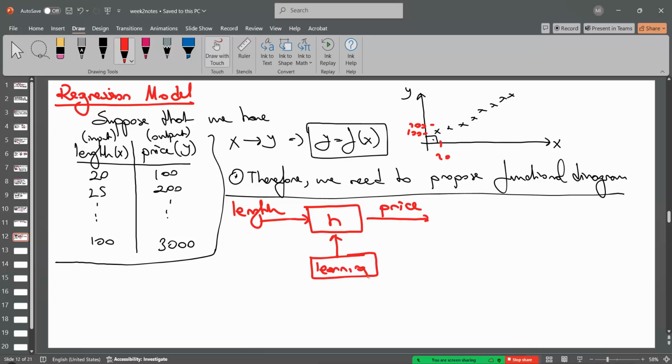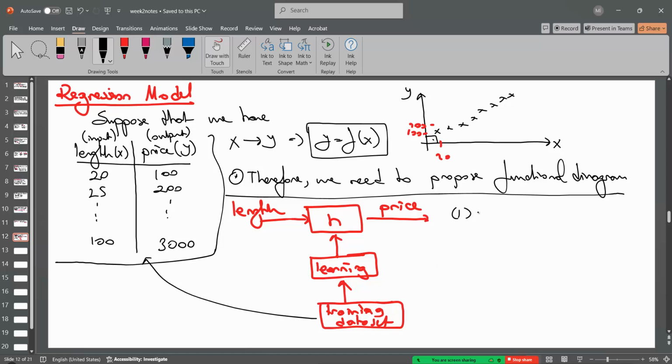Okay, in order to learn this algorithm, we need to feed the training dataset. Just like this one. Okay, and so this data set is coming from this one.